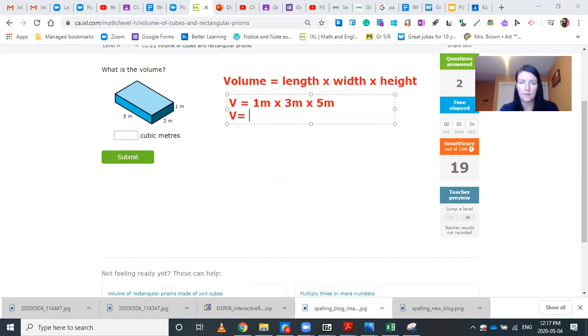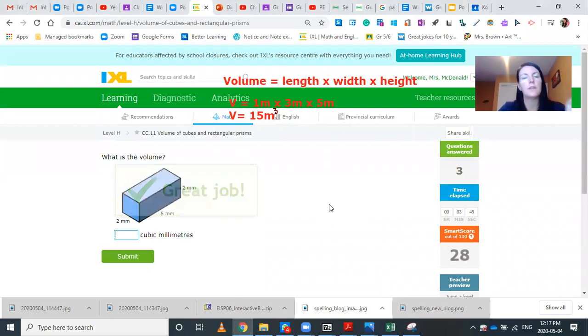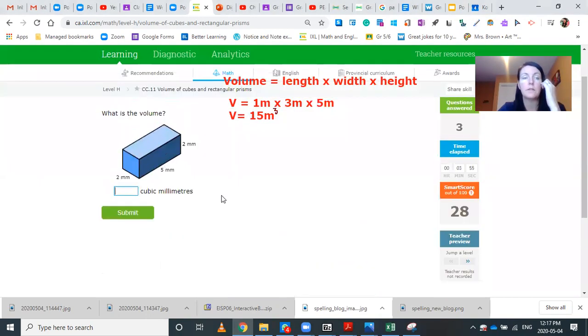So 1 times 3 times 5, that should give you 15. You've got 3 different meters multiplying together, that will give you meters cubed, 15 cubic meters. All right, so that is the volume of a cube or a rectangular prism. Easy as that. Okay, let's go on to C12.